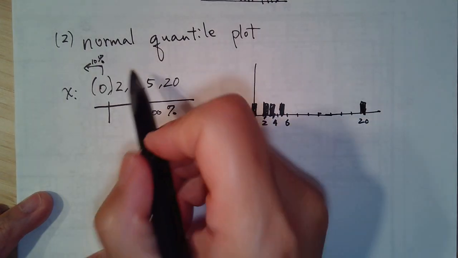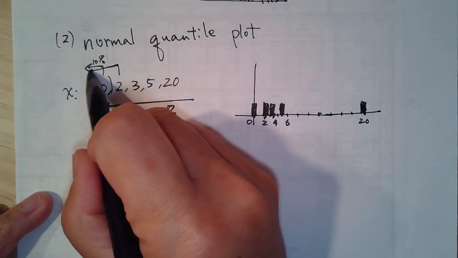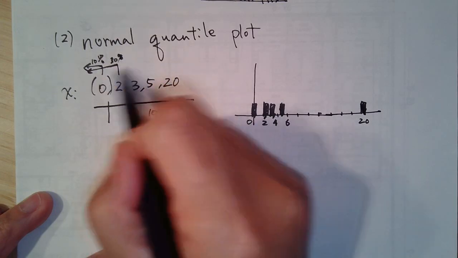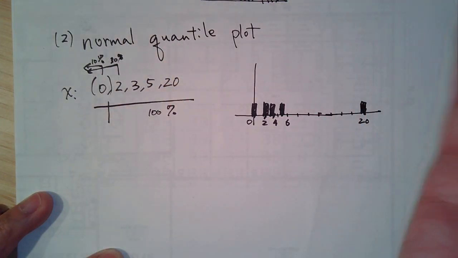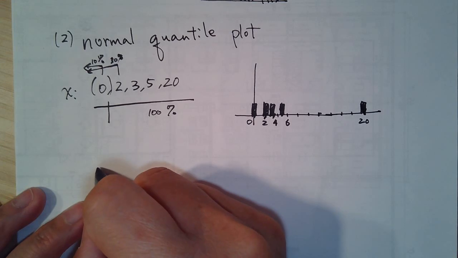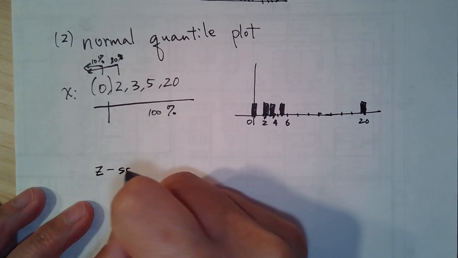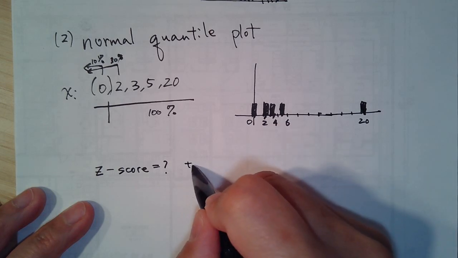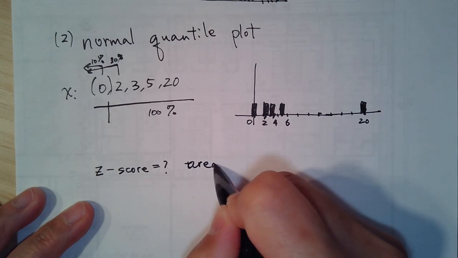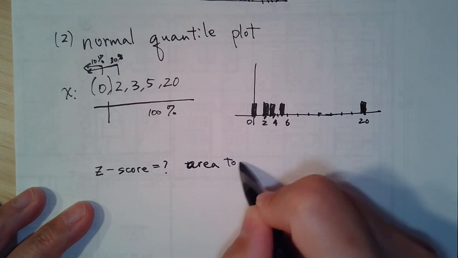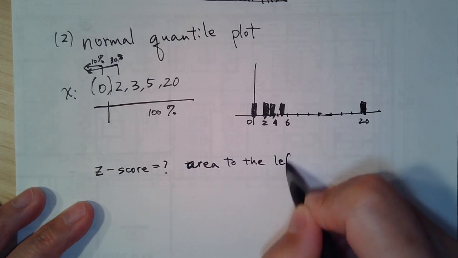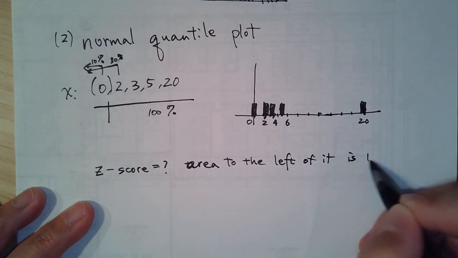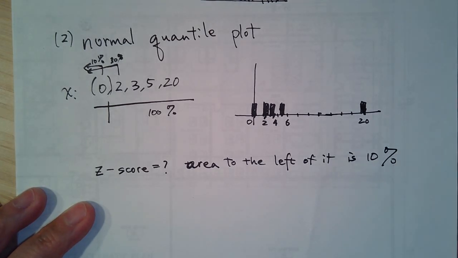Therefore, for 2, that corresponds to 30%, and for 3, that's 50%. That's the percentage of the data less than that. So what is the z-score? The area, or the probability, to the left of it is 10%, so I find the corresponding z-score.